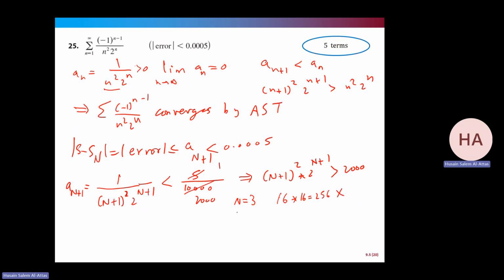Which is not correct. When do we reach the 2,000? N equal 4, you have 5 squared, which is 25 times 32.